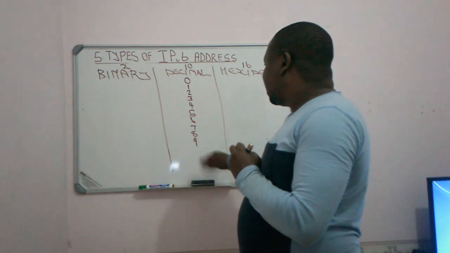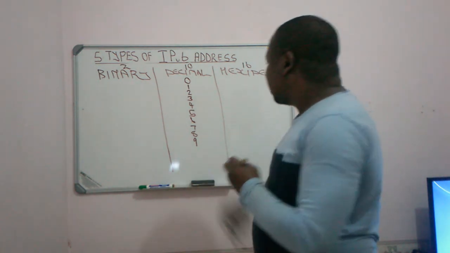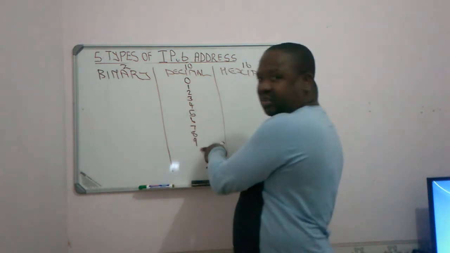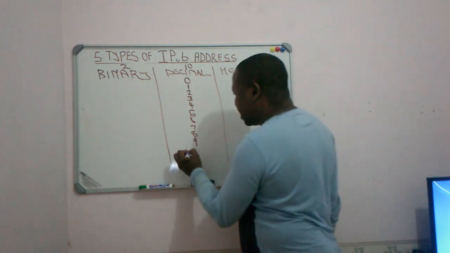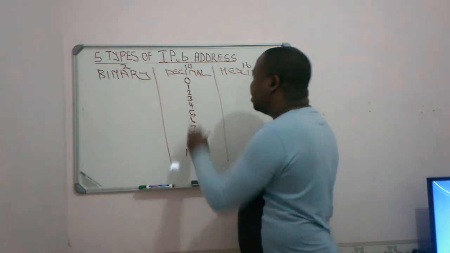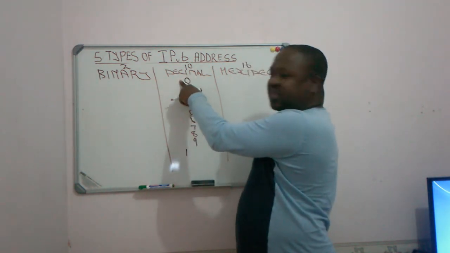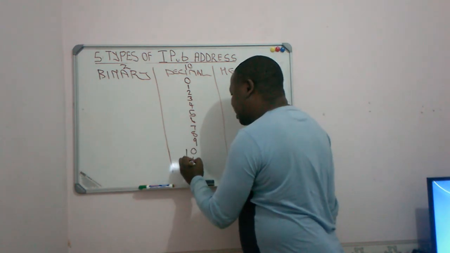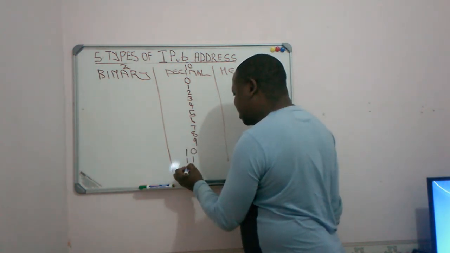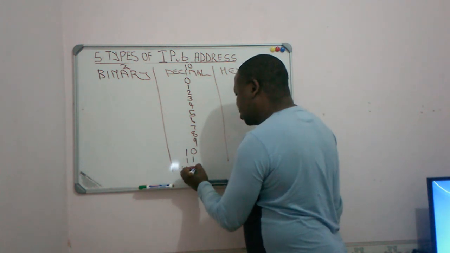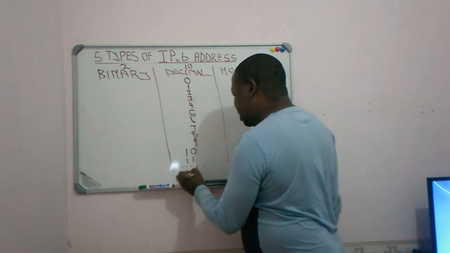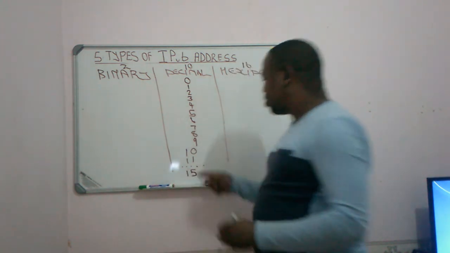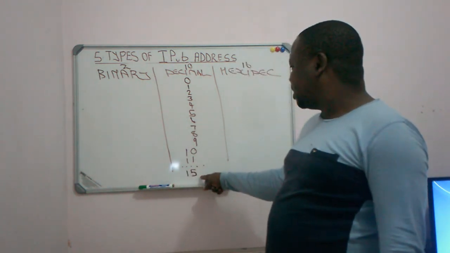So let me start. To carry on, as we get to 9, we write 1 and then we start all over from 0 again. That's when we get 10. Let me put dots because I want to go to 15 and I don't have space.